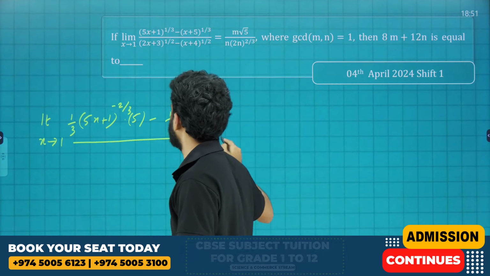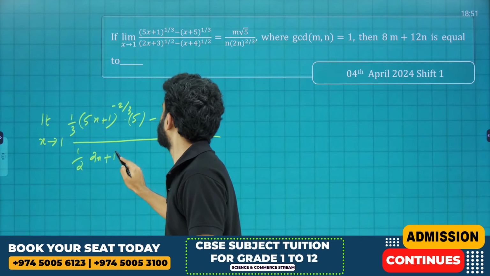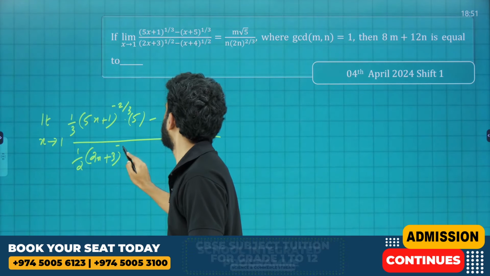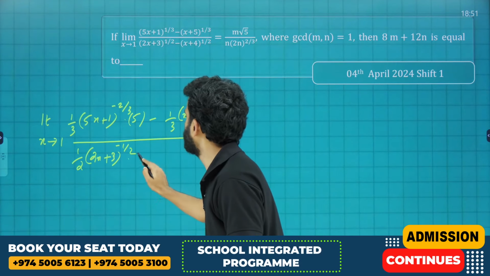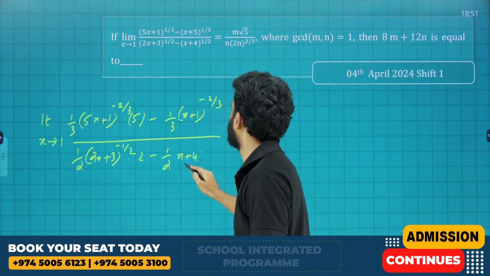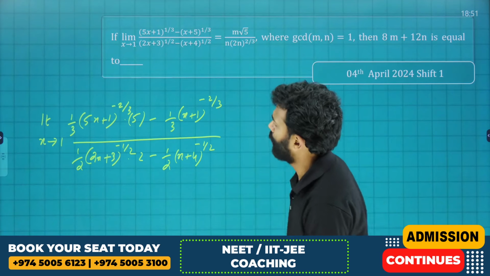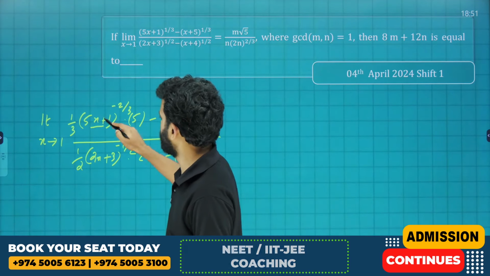The derivative of what's inside is 1. Here it will be 1 by 2 into (2x plus 3) the whole raised to minus 1 by 2 into 2, minus 1 by 2 into (x plus 4) the whole raised to minus 1 by 2 into 1. Okay, just apply x is equal to 1 here. This becomes 6.